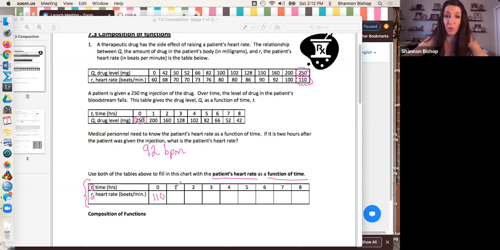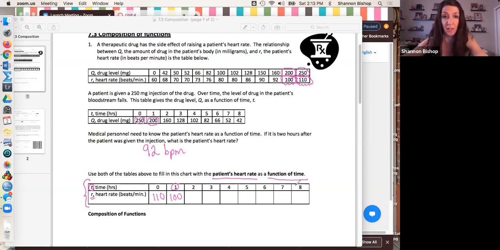What about after 1 hour? Well, after 1 hour, 200 milligrams of drug is in the body. And if 200 milligrams of drug are in the body, then what's their heart rate? 100 beats per minute. Okay, so I want you guys to think through the rest of those numbers and see if you can make sense of what those other values will be.